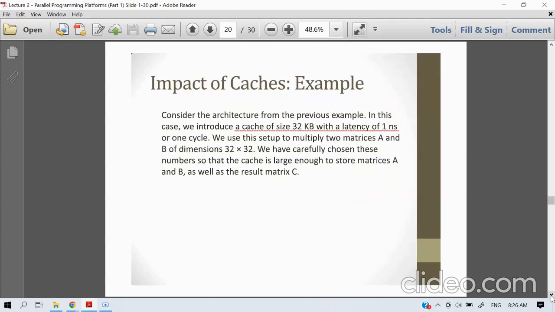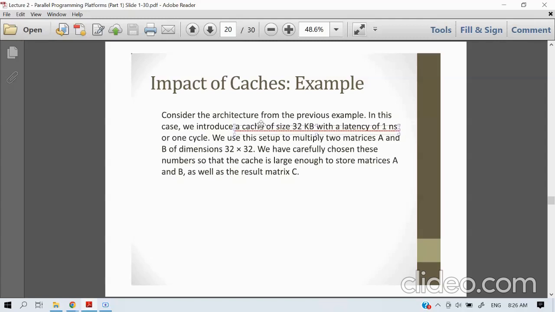Alright, for example, we still consider the previous architecture. In this case, we implement a cache of size 32 kilobytes with a latency of only 1 nanosecond instead of 100 nanoseconds without using cache.